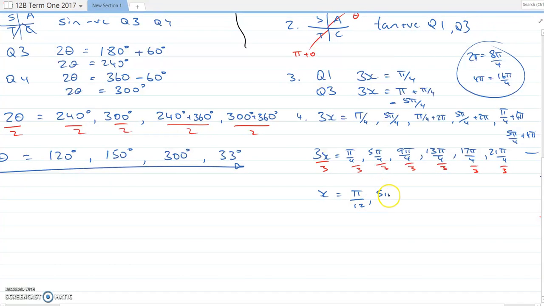This is going to be 5 pi over 12. 9 over 12 simplifies to 3 over 4. This one doesn't simplify. This one doesn't simplify. And the last one, 21 over 3 is 7, so we get 7 pi over 4. Done.